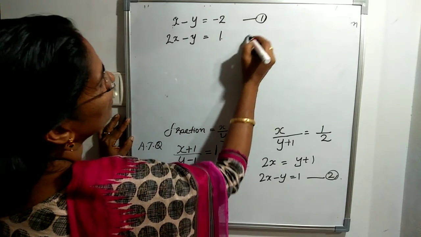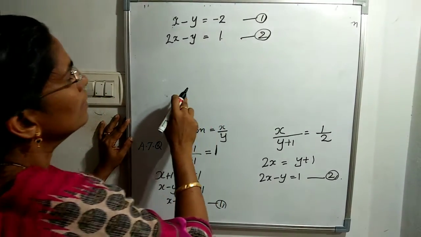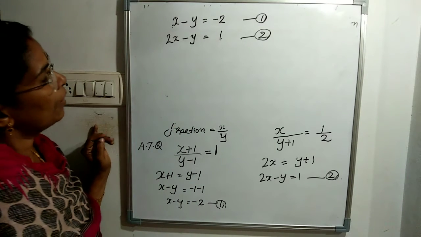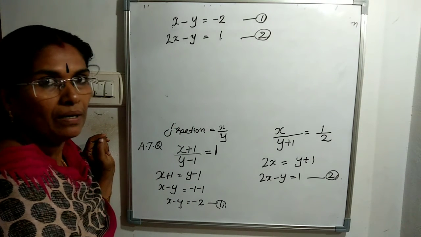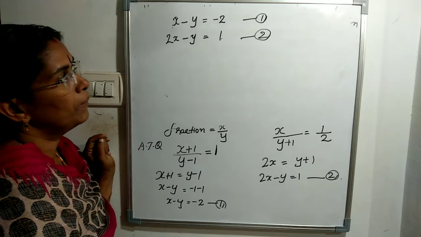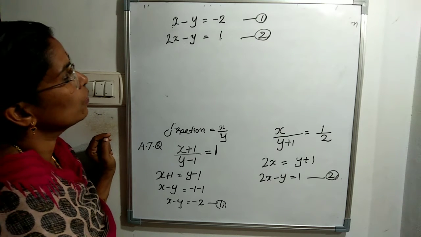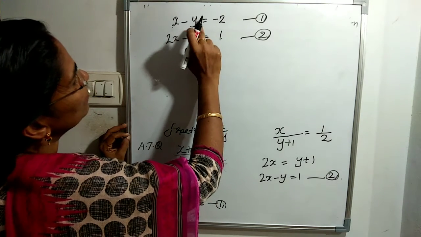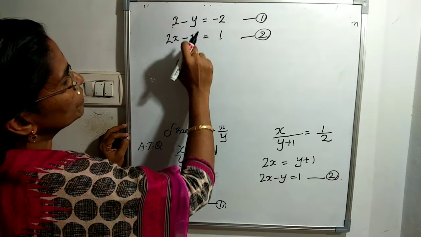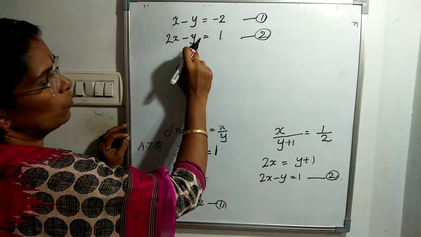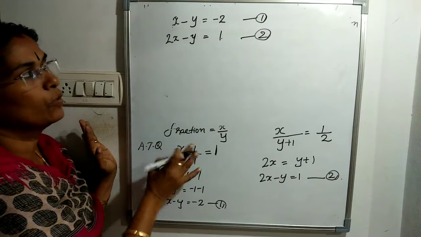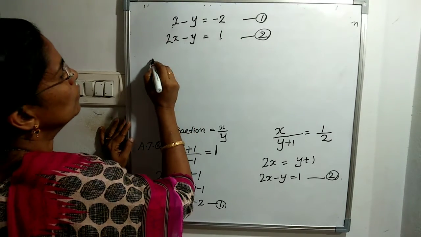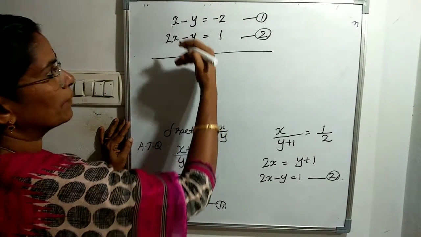This is equation 1 and this is equation 2. Here we have to make the coefficient of one variable the same by multiplying with a non-zero constant. Look here, the coefficient of y is minus 1 here, and also minus 1 here. Already it is the same. No need to multiply. So our next step is to subtract the equations.